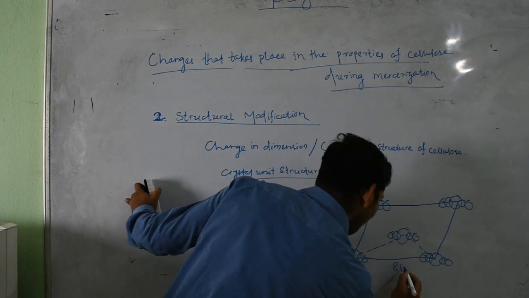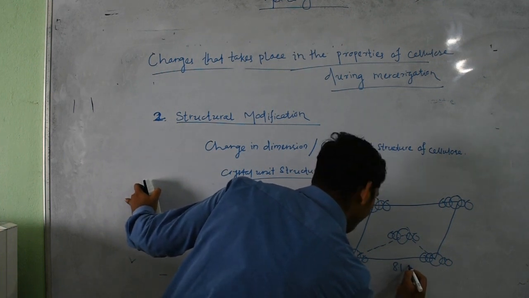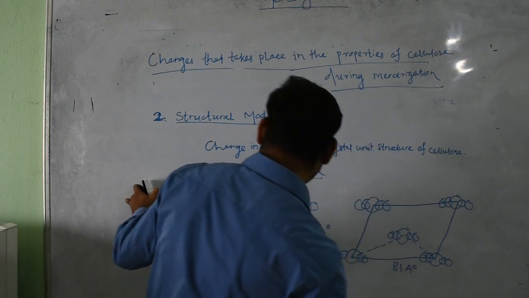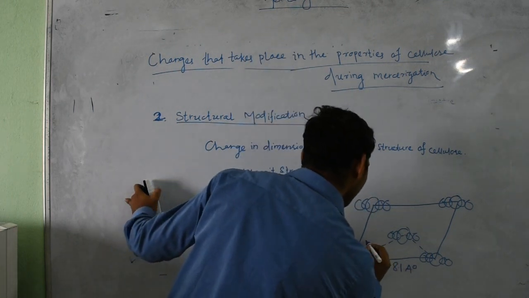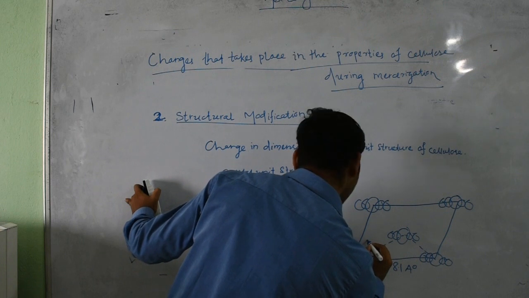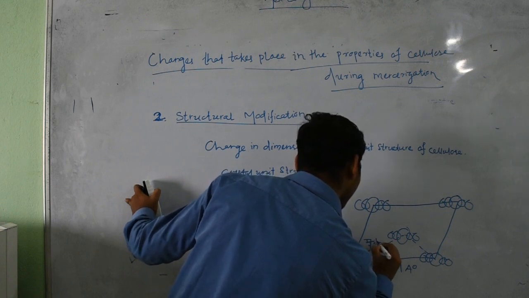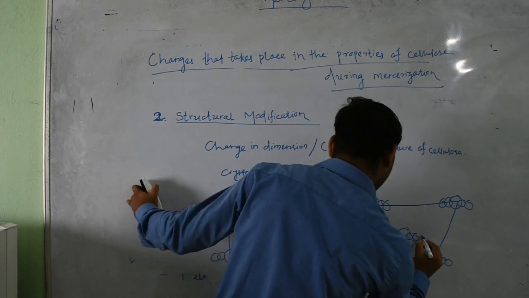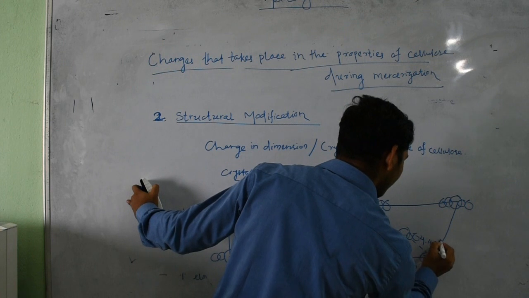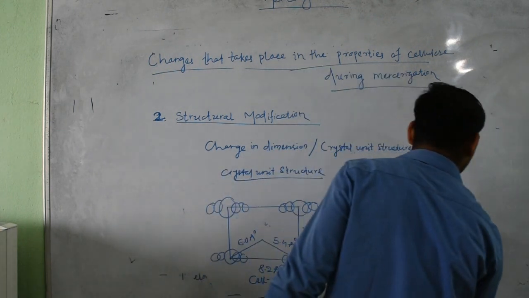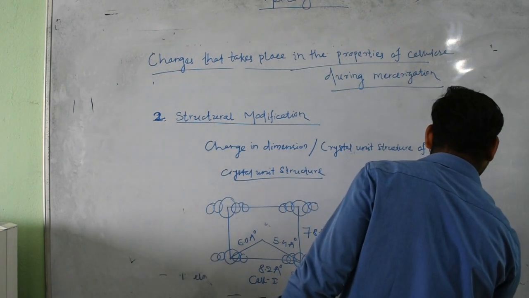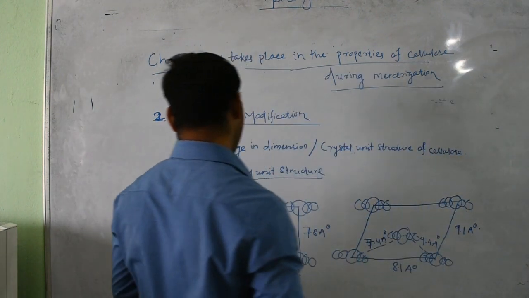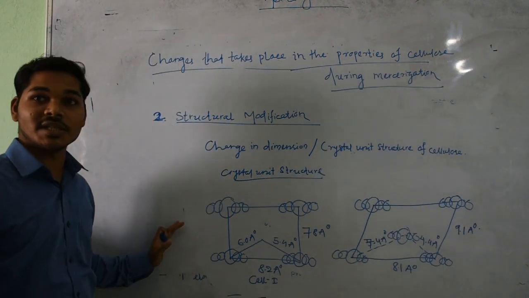That in previous cellulose 1 it was 8.2 angstrom, here it is 8.1 angstrom. It is 7.4 angstrom. Now this is 4.4 angstrom, and this is 9.1 angstrom. Now this is the major chemical change that takes place.